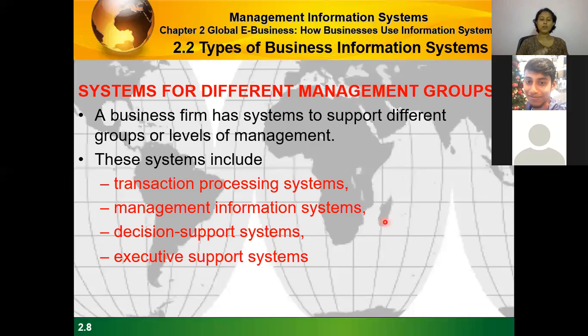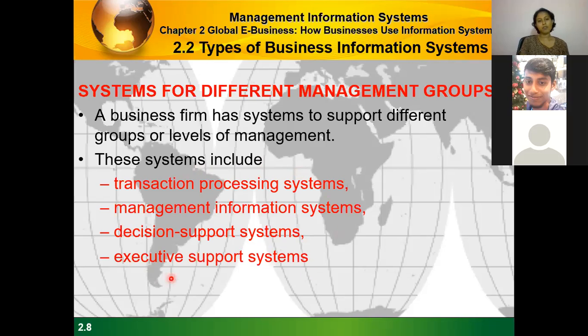So now we are going to look at different information systems which are being used to serve these different levels of management within an organization, right? So this next point says these systems include, so what are these different types of systems? One is the transaction processing system. Then we have management information systems, decision support systems, and executive support systems.